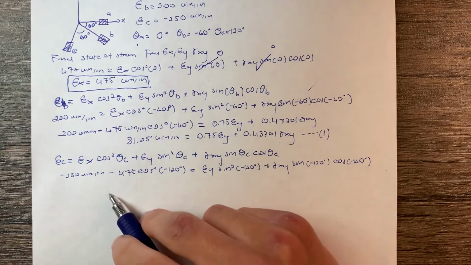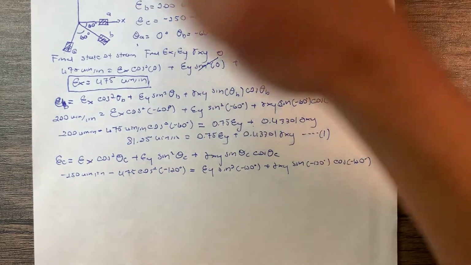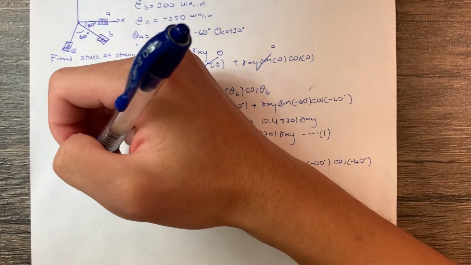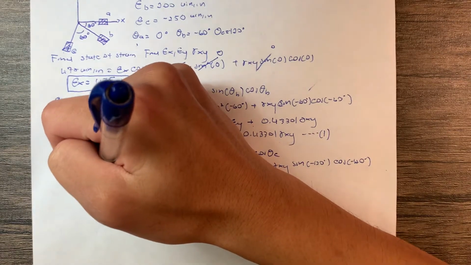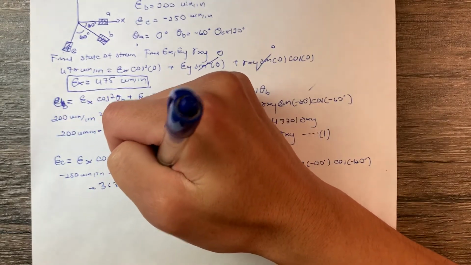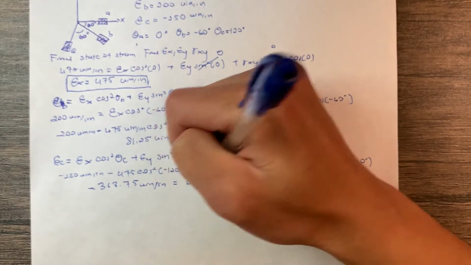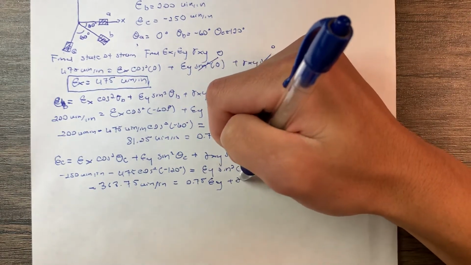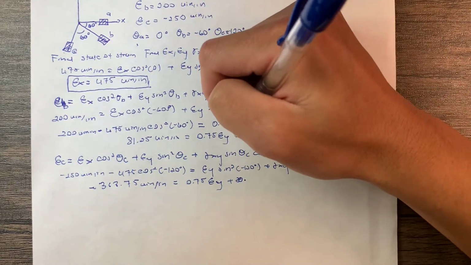So when you solve for the left side, you get negative 368.75 micro inch per inch equal to 0.75 epsilon y plus gamma xy times, uh, this should be negative.